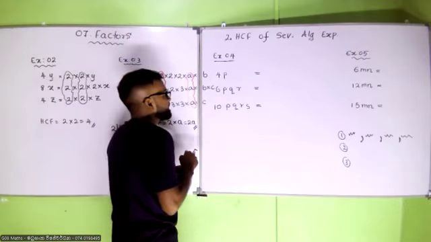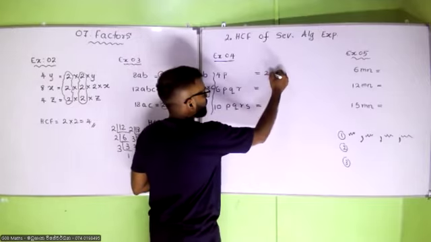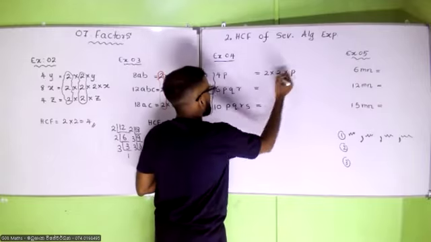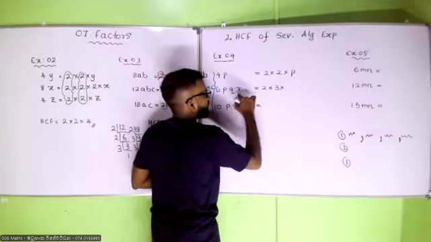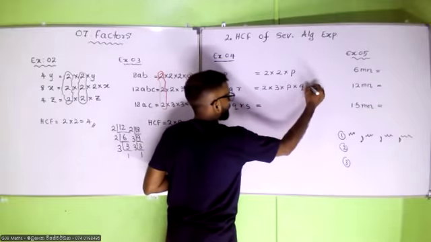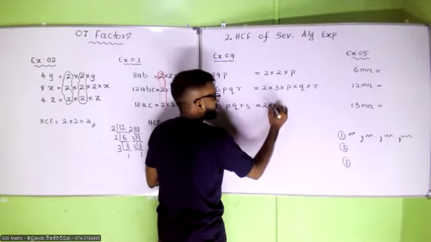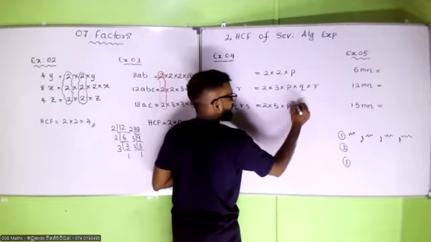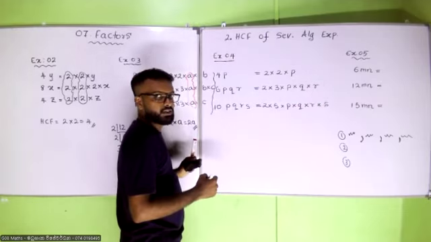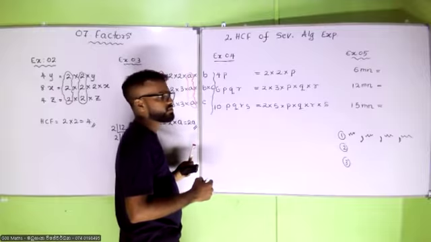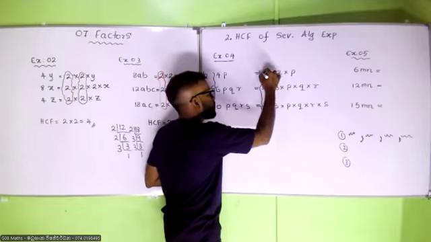Correct? Then this one. 4P is 2 multiplied by 2 multiplied by P. 6 is 2 multiplied by 3 multiplied by P multiplied by Q multiplied by R. 10 is 2 times 5 times P times Q times R times S. So, what are the common terms? 2 is a common term.